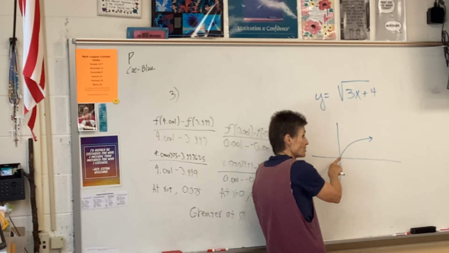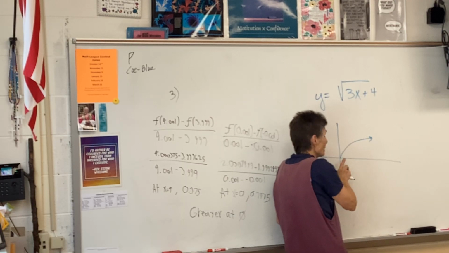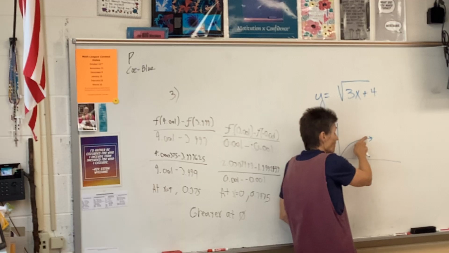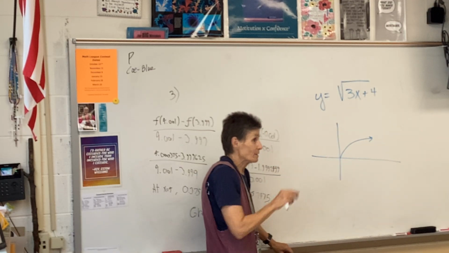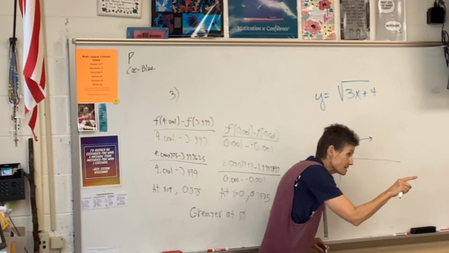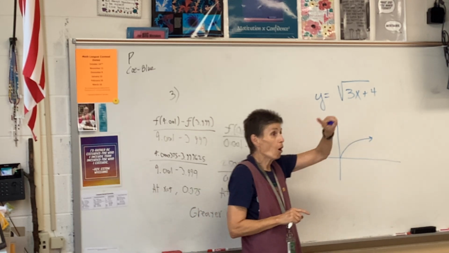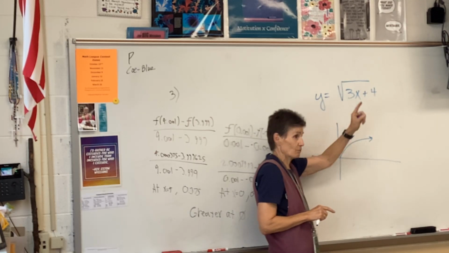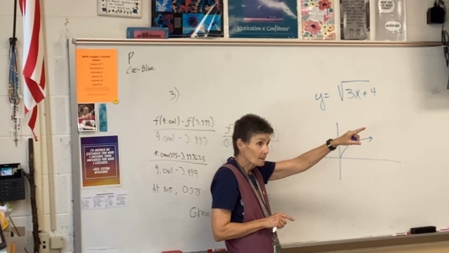What happens to the slope, positive slope, the farther out on this curve you go? It flattens out. So it stays positive, but it gets smaller. With that function, you're always going to get smaller, as long as it's not negative or something. It's always going to get smaller as you go out, right?